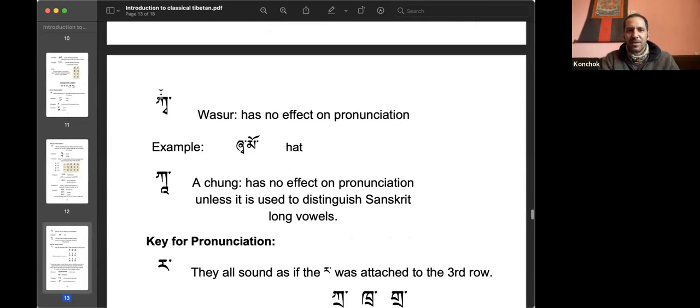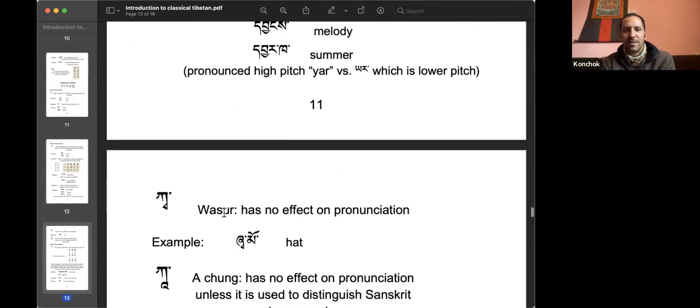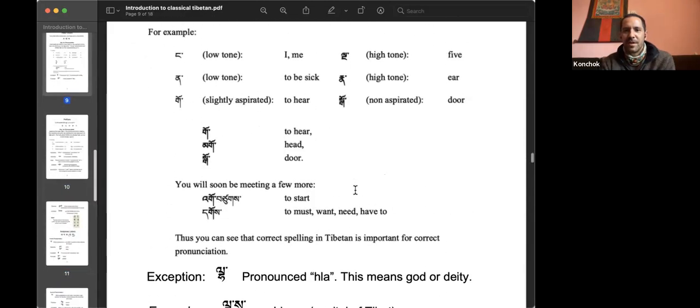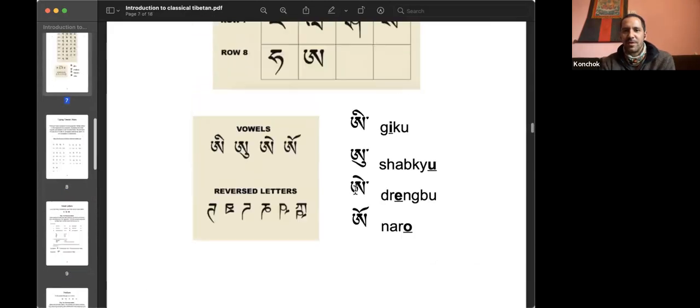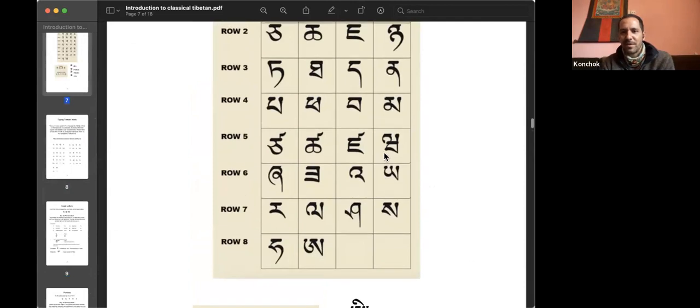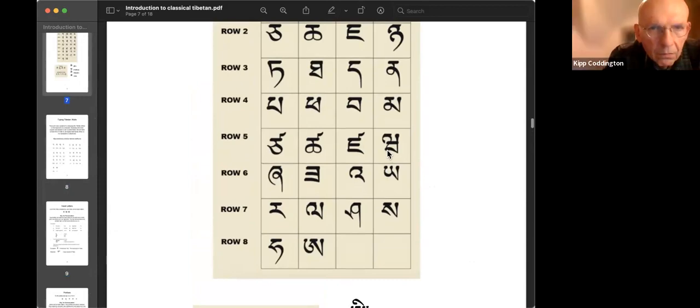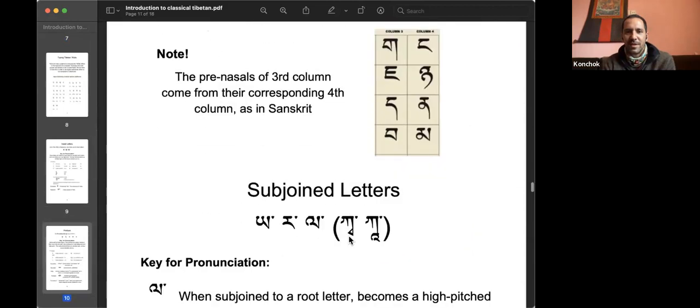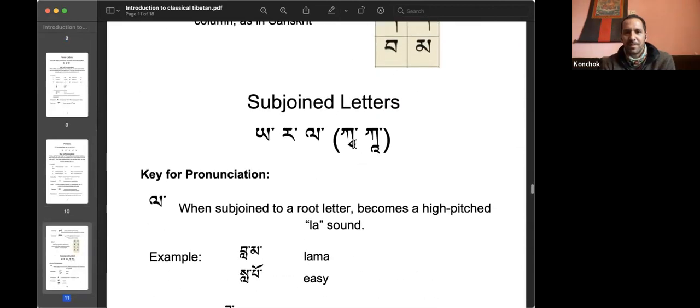Then these two are easy. The reason it's called a wasur is because sur means corner, actually. It's called a wasur because it's the corner of the wa. So this is the wa, and we stick that little corner here.